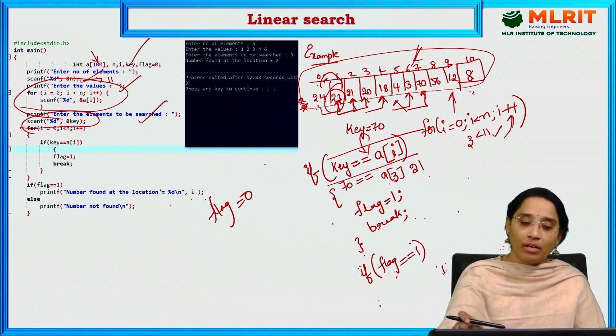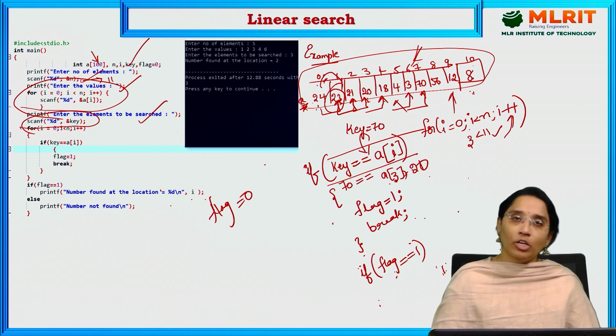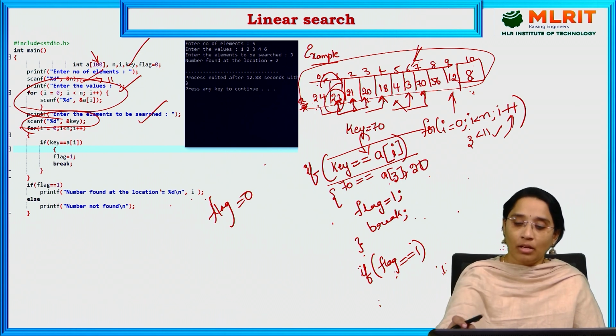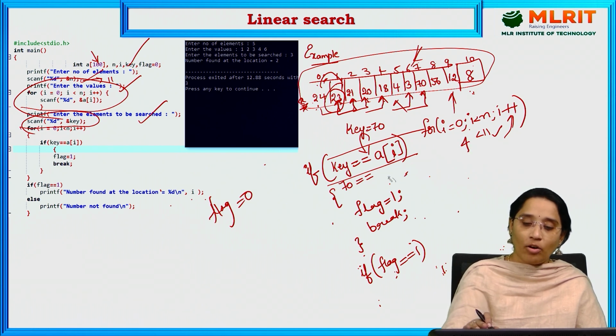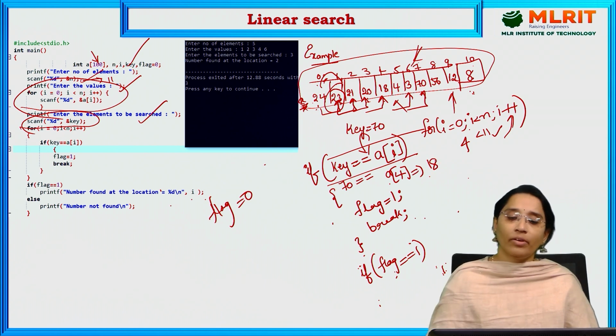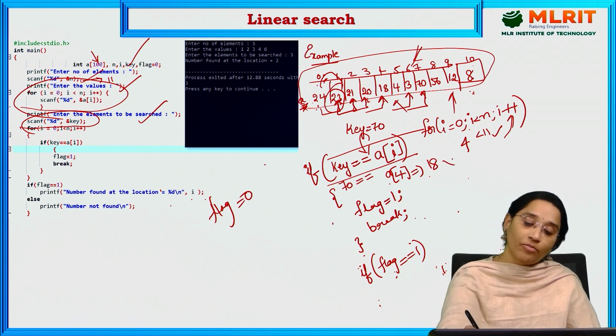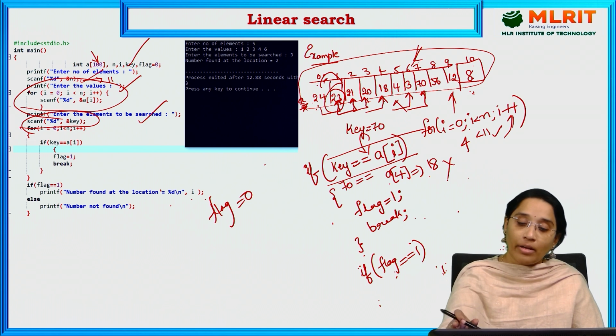What is the value at a of 3? 20. 70 equal to 20, false. Next i gets updated. 4 less than 11. What is the value at a of 4? 18. 70 equal to 18, condition false. Next i becomes 5.